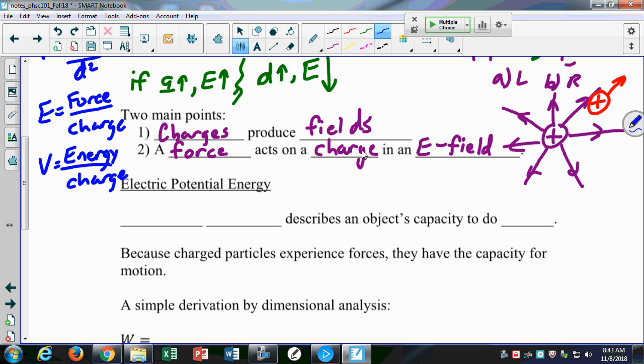Because if I put a mass here, it feels a force in the direction of the gravitational field. Similarly, if this was a negative particle and I put a positive particle, it would fall towards the surface of the charge. What was my point? Oh, so this has potential energy. This has the potential for motion. If I let it go, it moves. That's what potential energy is, the potential for motion. And so potential energy describes an object's capacity to do work.